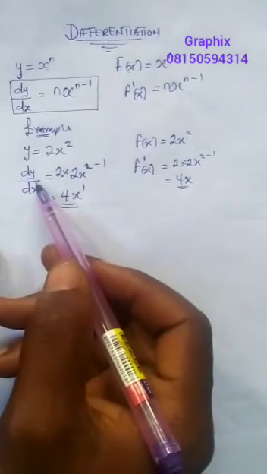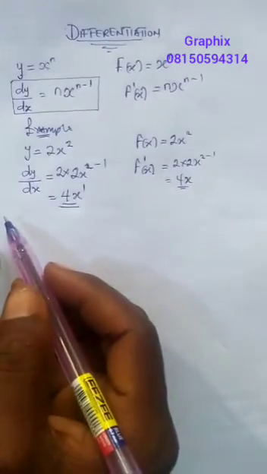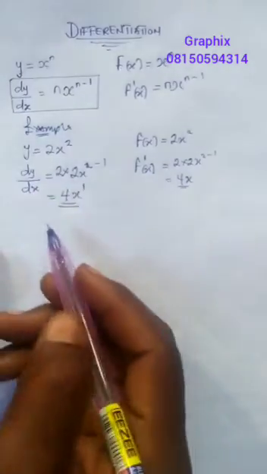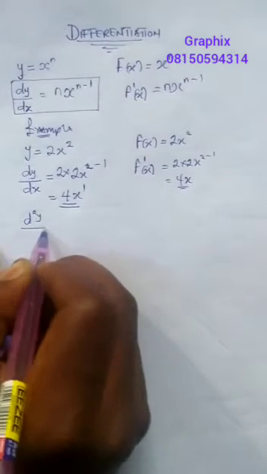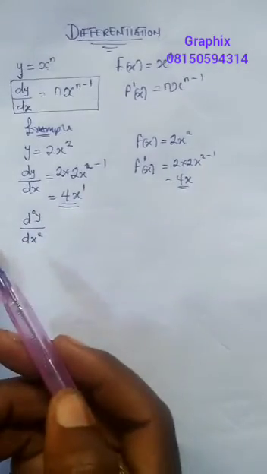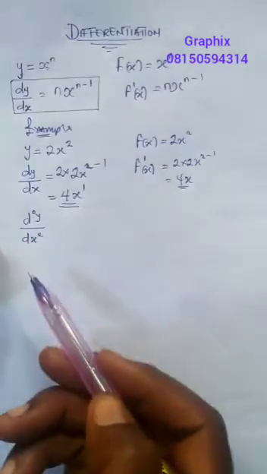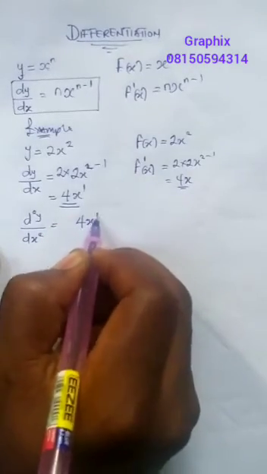Now, if they now said second derivative, that means I have to differentiate again. So what will I do? I'll put d squared y over dx squared. Meaning that I am differentiating it again. So I'm differentiating the answer again. So if you differentiate it, I'm having my 4x^1, right?